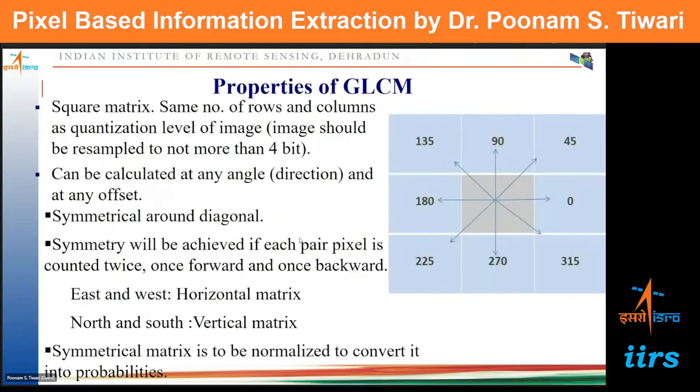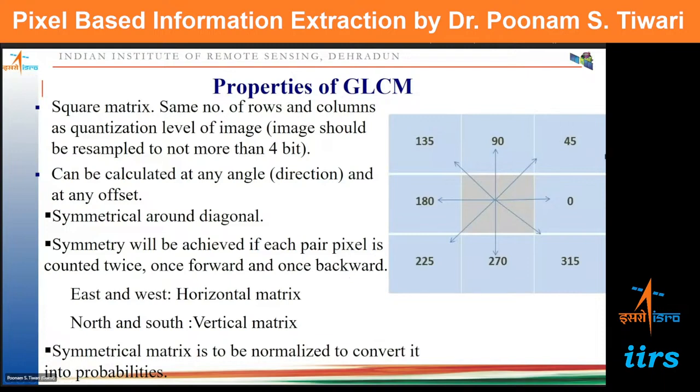So when we are calculating these GLCM textures, prior to that, a GLCM matrix is created. The GLCM matrix is a square matrix which has the same number of rows and columns as the quantization level of the image. It can be calculated at any angle. Suppose we are talking about the central pixel. From the central pixel, we are finding out the neighbor of the pixel.